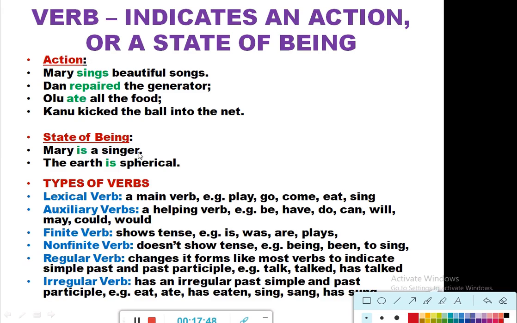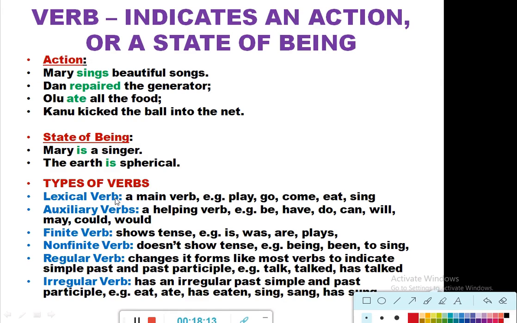Mary is a singer. That is the state of existence as it affects Mary. The earth is spherical. It's telling us the earth's state of being. The earth is spherical.